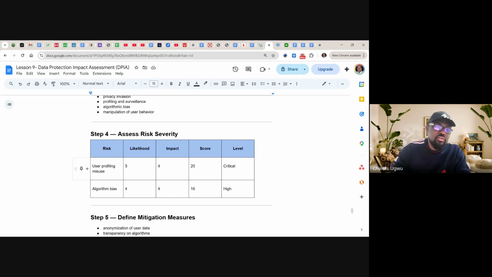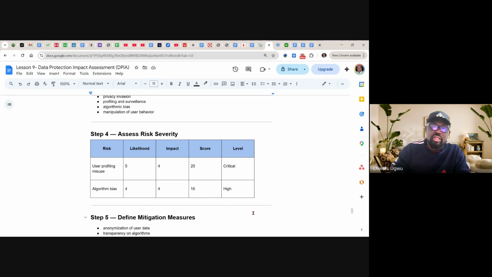The risk level of user profiling is likelihood 5, impact 4, score 20, which is critical. And here, algorithmic bias, that is AI, is 4 and 4, that is 16.